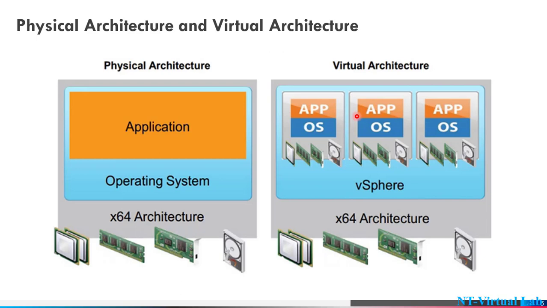Each virtual machine has its own virtual hardware that is shared from the host server. These virtual machines get the resources from the hardware machine, and on that you can install your operating systems and your applications. Like that you can create multiple virtual machines on a single hardware, and all these virtual machines are completely isolated from each other.